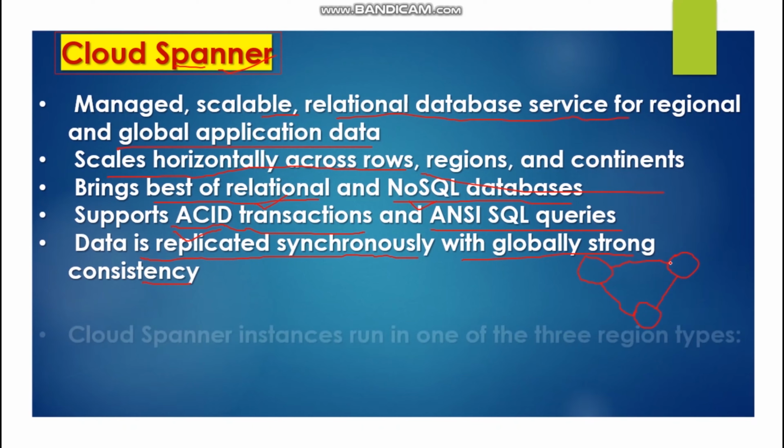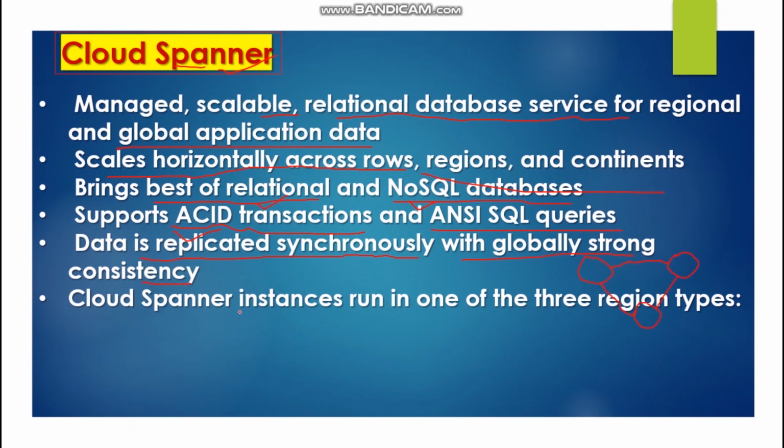Cloud Spanner instances run in one of three region types: read-write, read-only, or witness. That means there is a dedicated region that supports read-write operations, and a region that supports only read operations. That increases the throughput of the application because there are no write operations, so there is no hold on the thread.